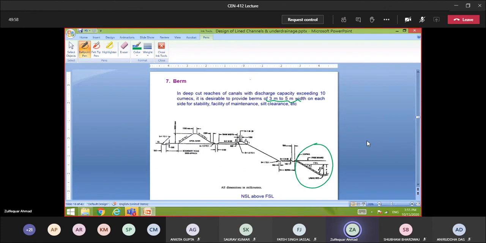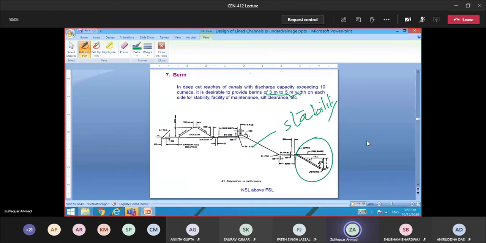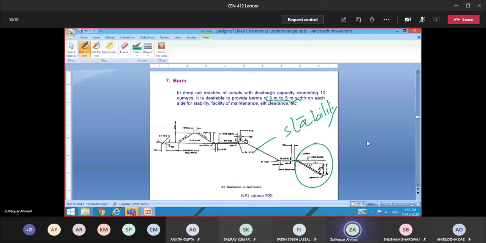These berms are to provide stability. Sometimes you see the berm can also be used by a vehicle or tractor to move on, so that the maintenance of this canal can be done, right?